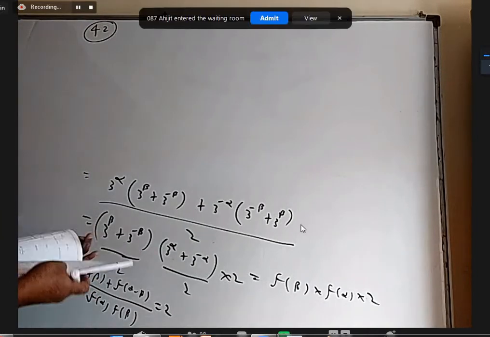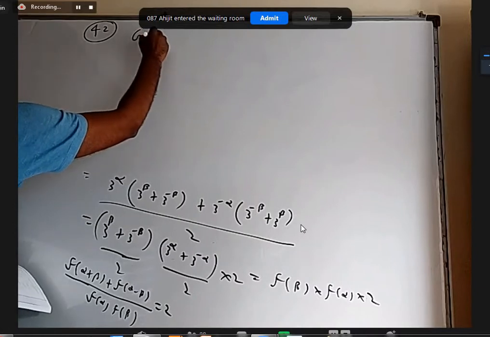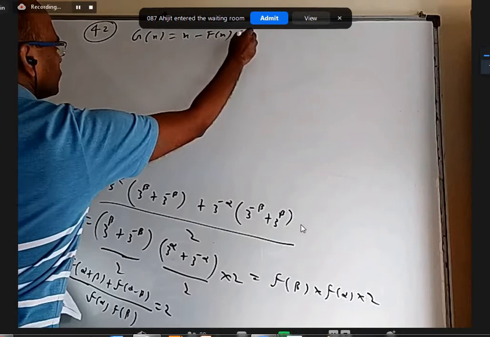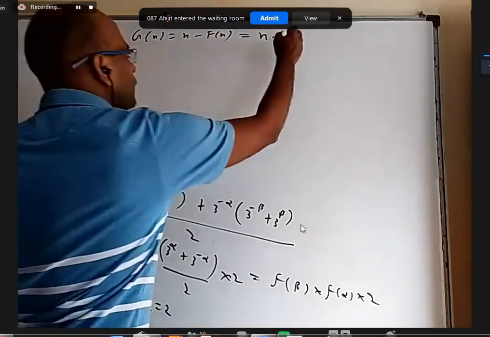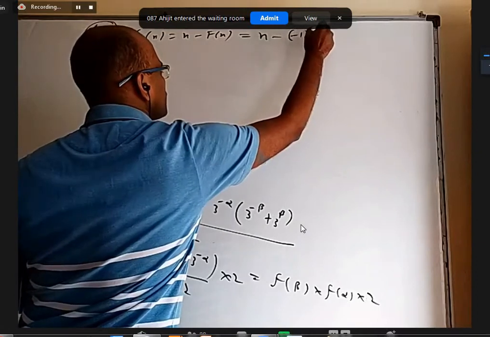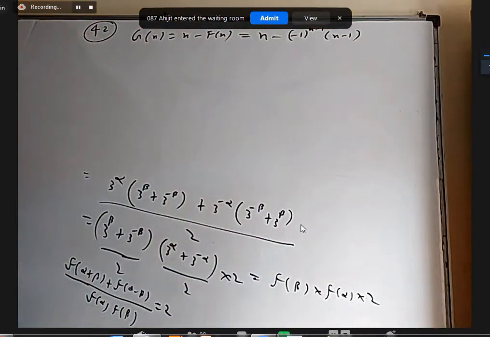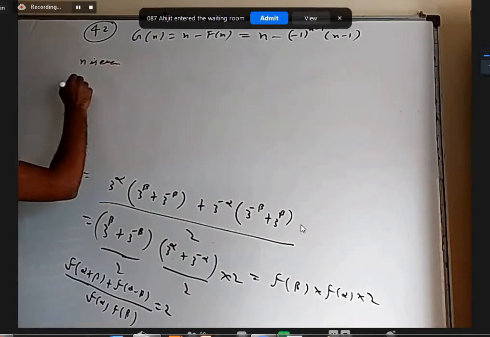Okay, 42, they gave g of n is equal to n minus f of n. n minus, what is f of n? It is minus 1 whole power n minus 1 into n minus 1. I am going to take two cases: n is even and n is odd.